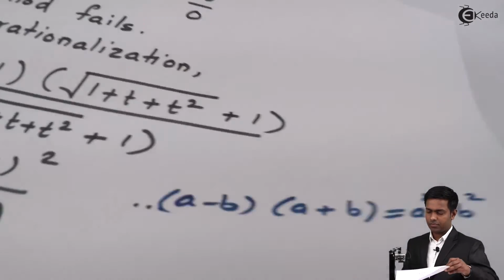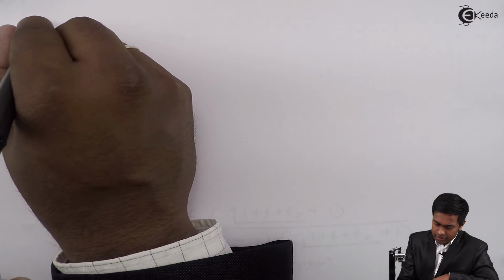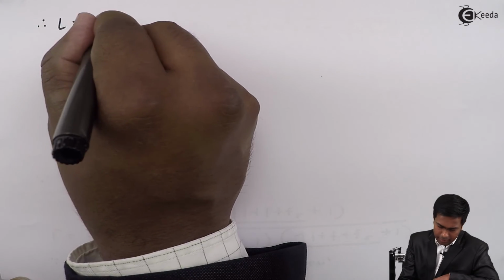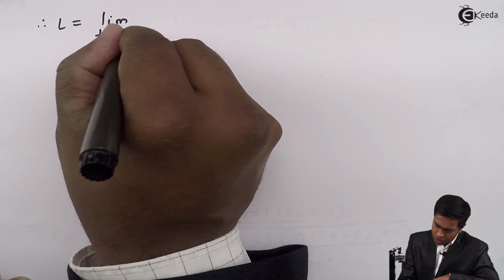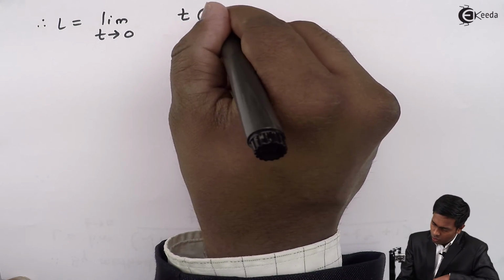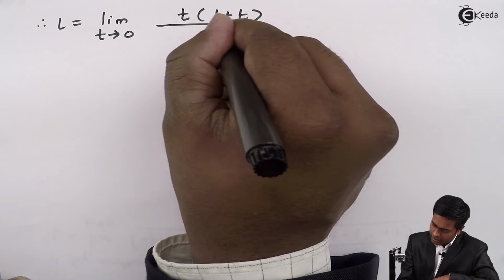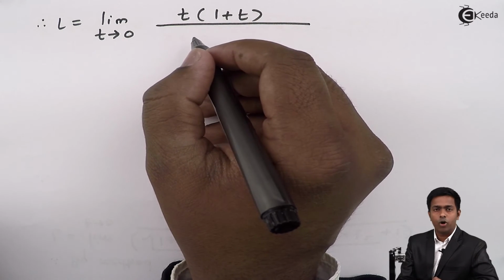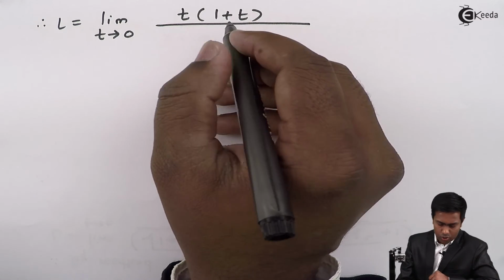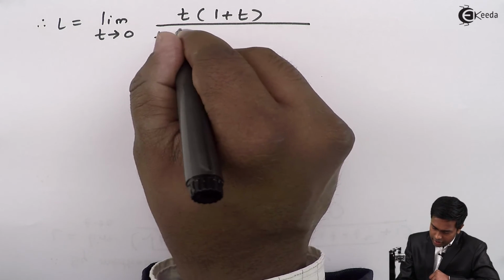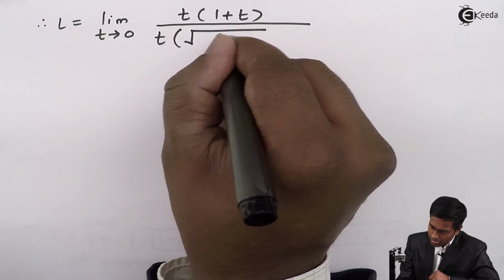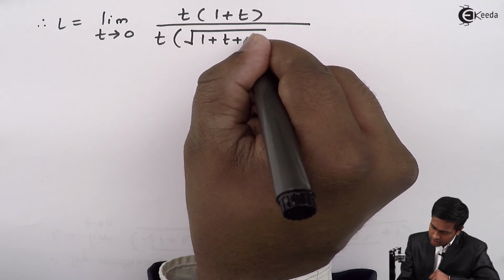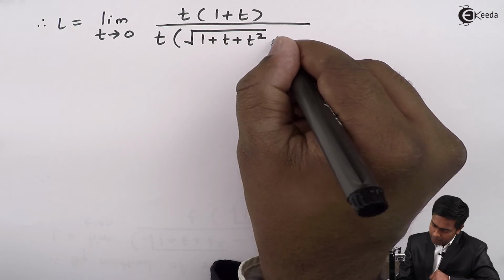So we will get L as limit t tends to 0, t common, so 1 plus t will remain in the bracket. We keep the denominator as it is, so t into square root of 1 plus t plus t square plus 1.